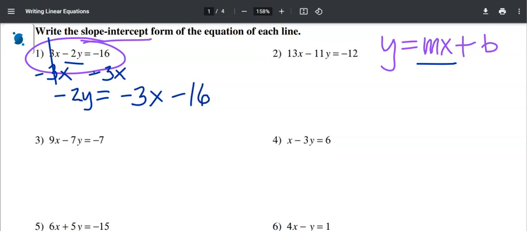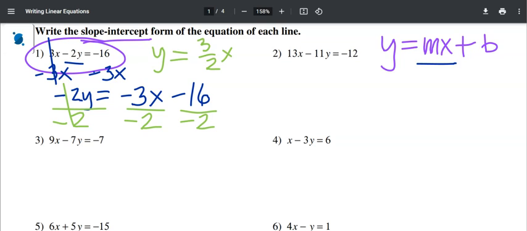Now I have to solve for y. In order to solve for y, I need to divide everything by the number that's in front of y, the coefficient, because I want that to be a 1y. This reduces, not cancels, reduces. So y equals, here I have a negative 3 divided by a negative 2, which gives me a positive 3 over 2, x.